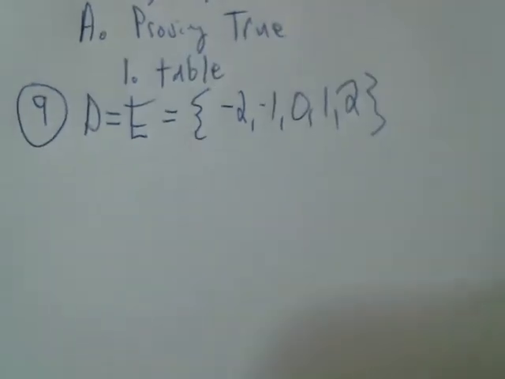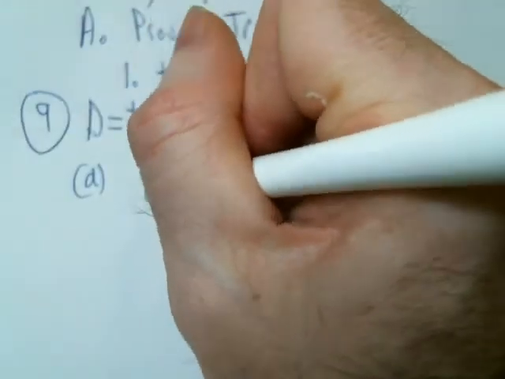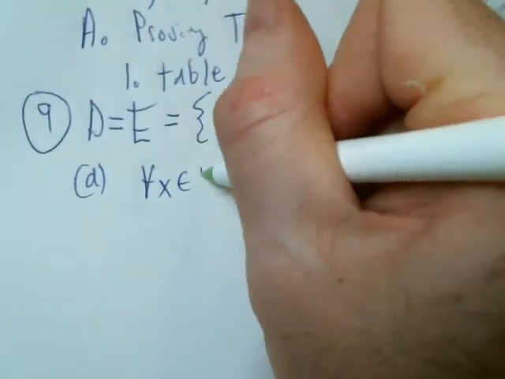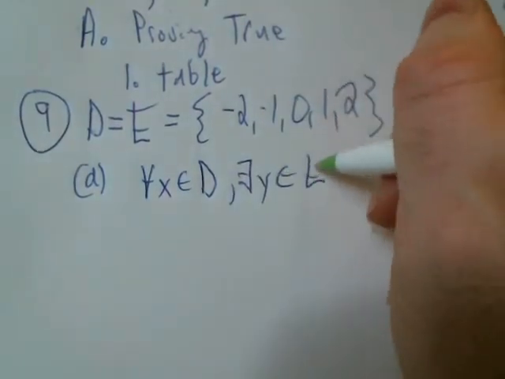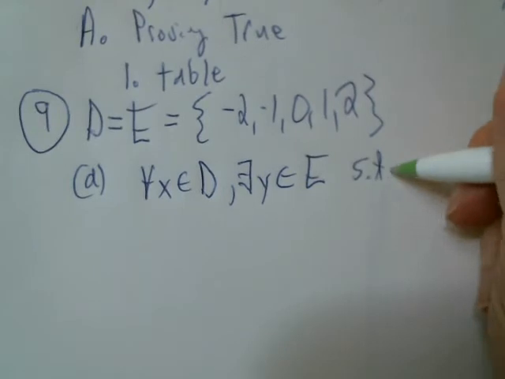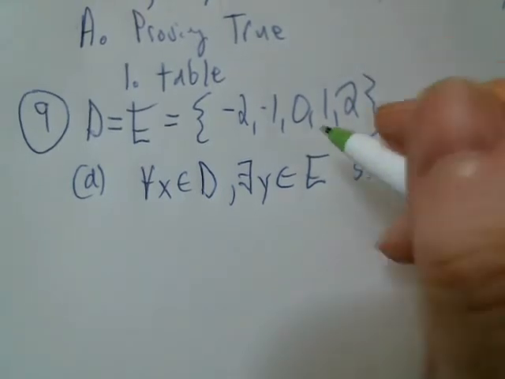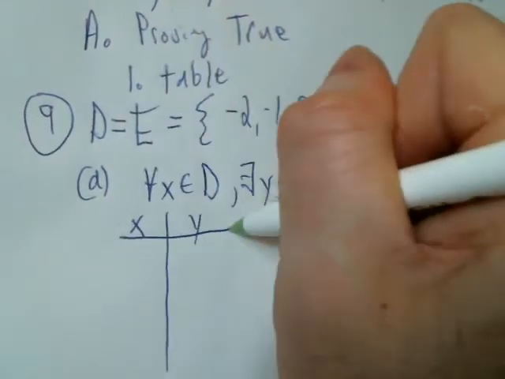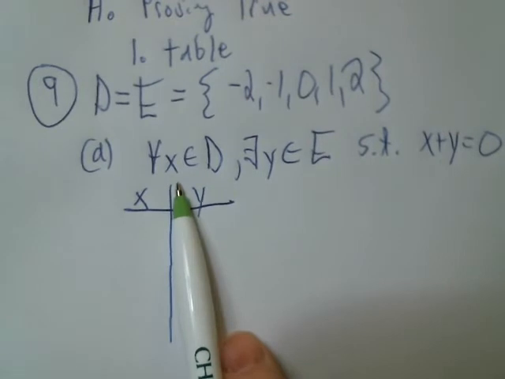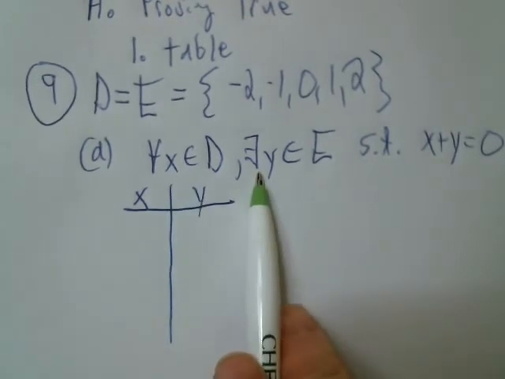Okay, so the statement in part A: for all x in D, there exists a y in E such that x plus y is equal to 0. Okay, so we make a table. I have to find a corresponding y for every one of these x's, and it doesn't have to be a unique y.